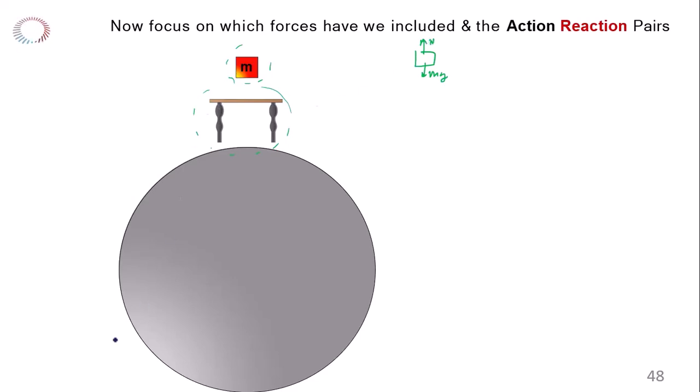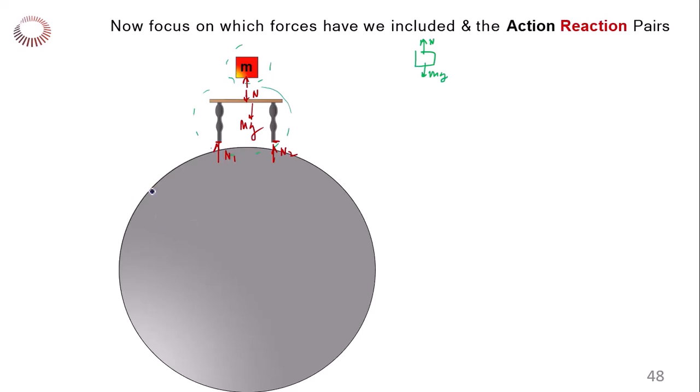For the bench, the normal which is acting on the m acts as a reaction force, and the entire bench has some mass, mg. There are two contact points on the surface of the earth, so there are other normal contacts N1, N2. So this is the entire free body diagram for the bench itself.